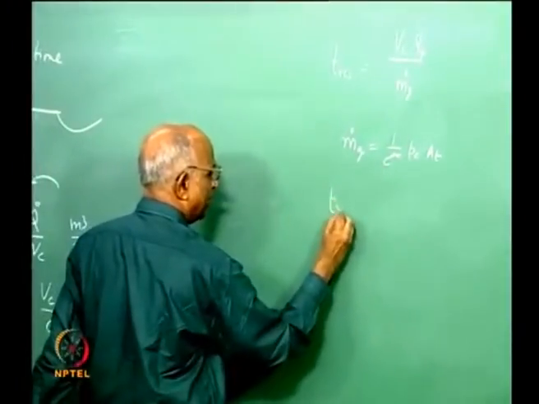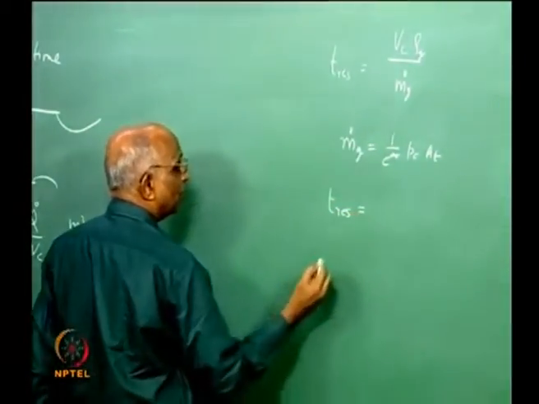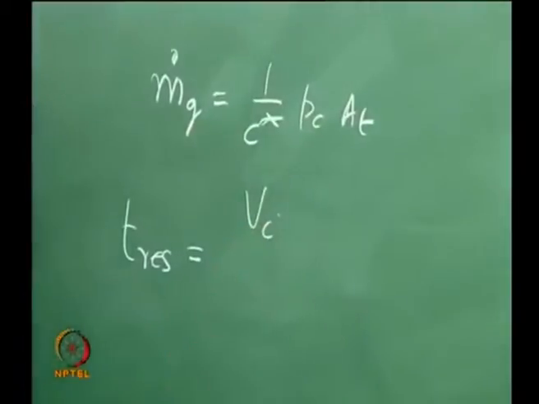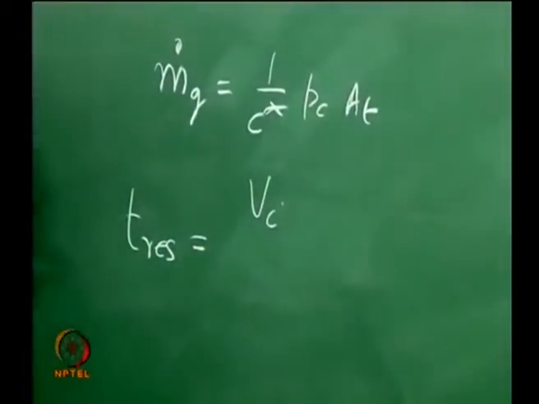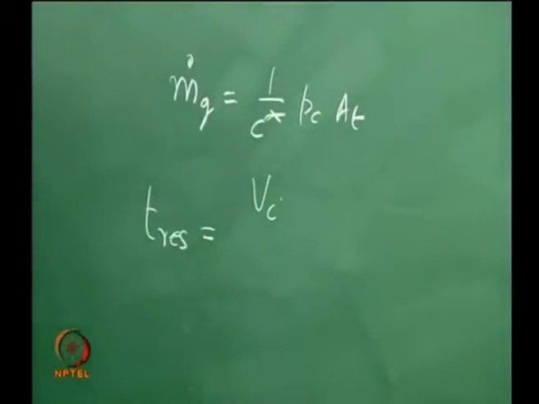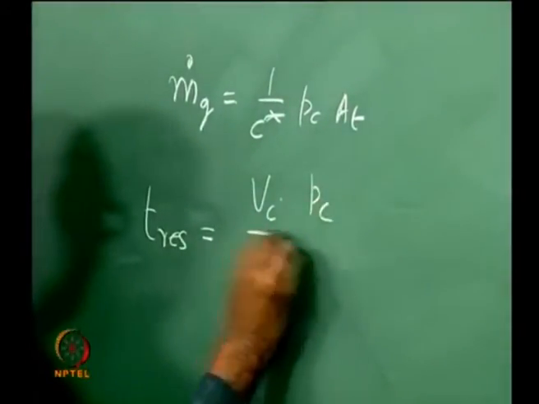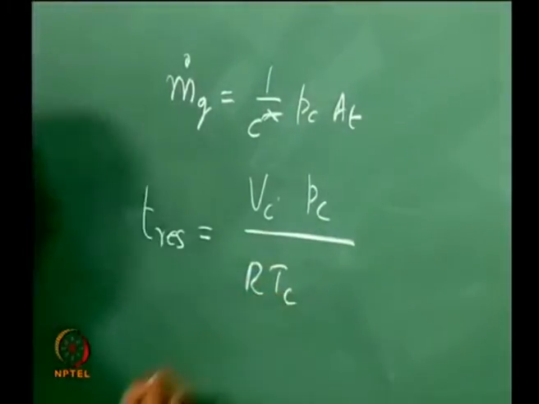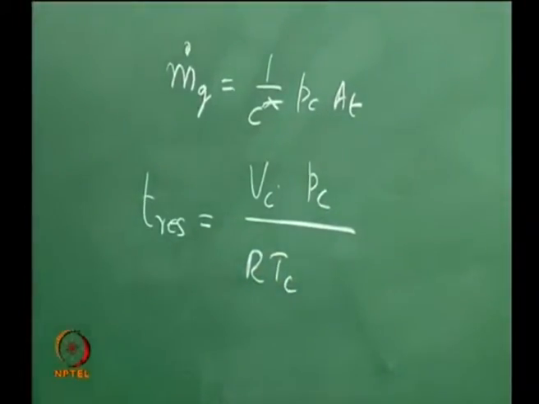Therefore, I can still write T residence as equal to Vc, what is rho g? PV is equal to MRT, M by V is density, therefore rho is equal to PC by RTC, divided by m dot g.